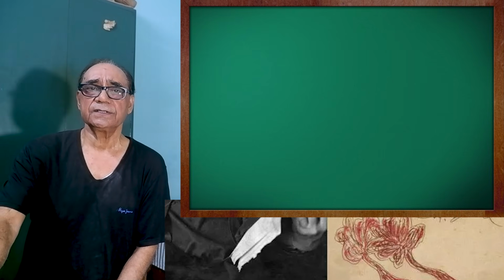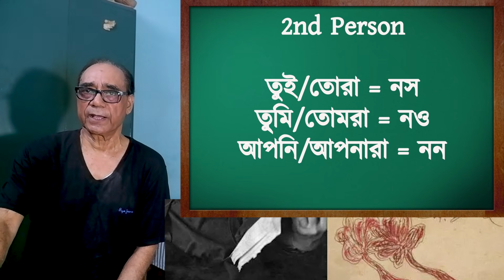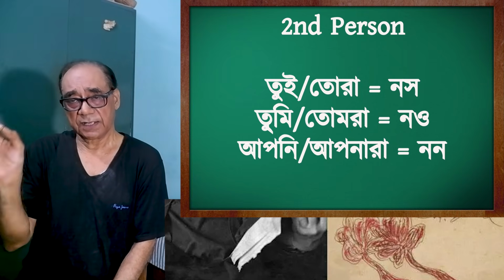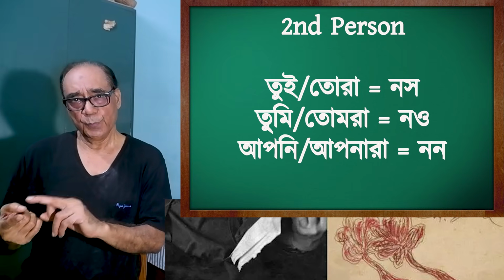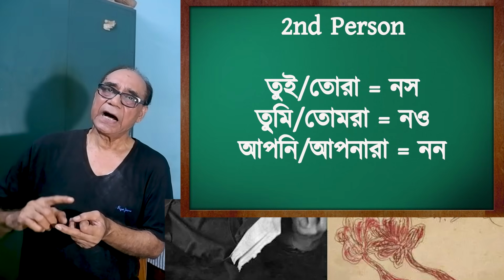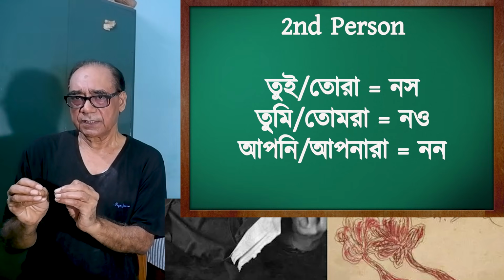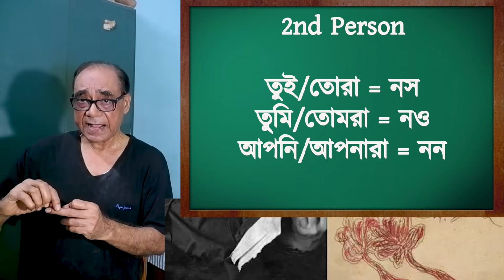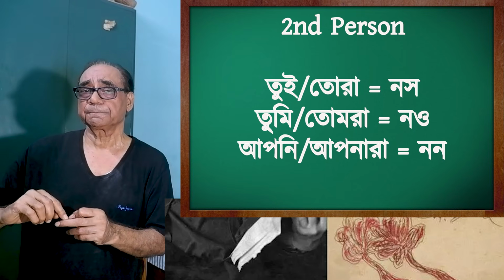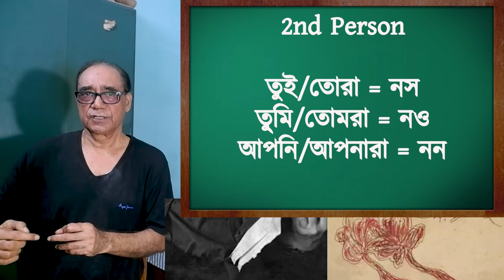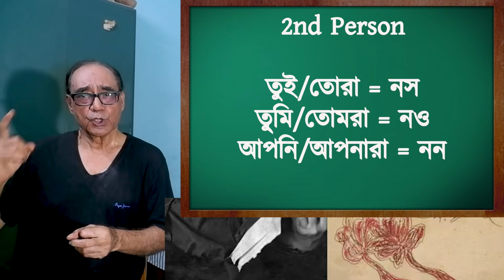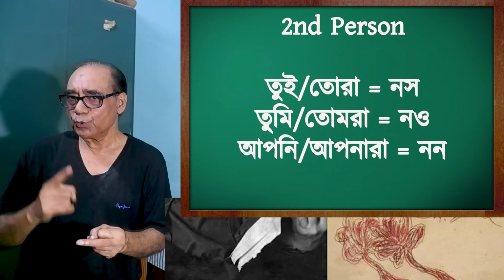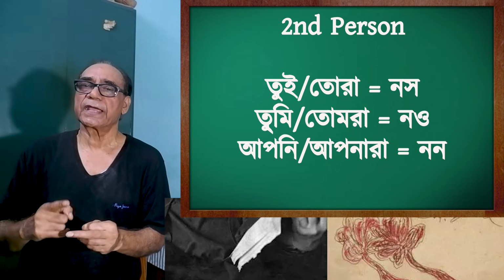In the second person, we have three options in Bengali because we use tui, tora, tumi, tomra, and apni, apnara. Tui, tora, singular and plural numbers, this is very informal. And the negative tag that is used for this number is nos: tui nos, tora nos. That means tui chhatro nos, tora chhatro nos, tui khelwad nos, tora khelwad nos.